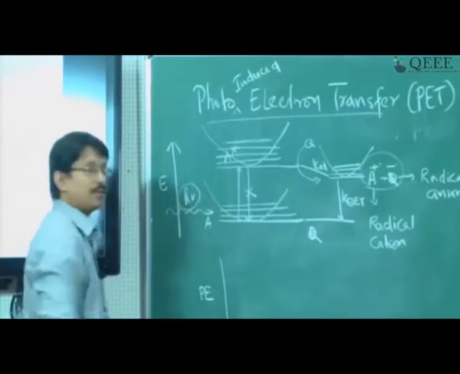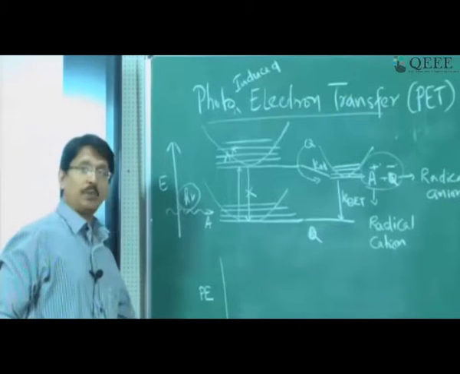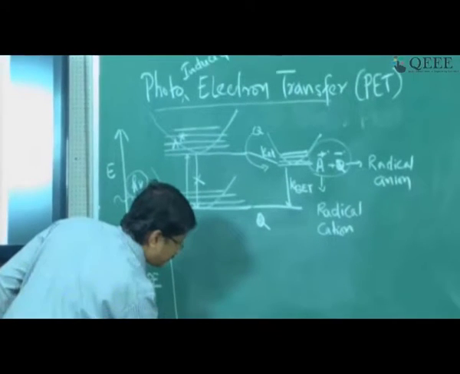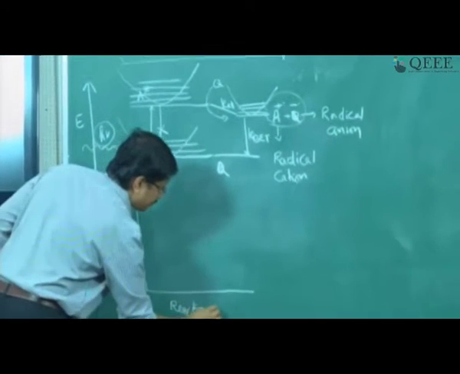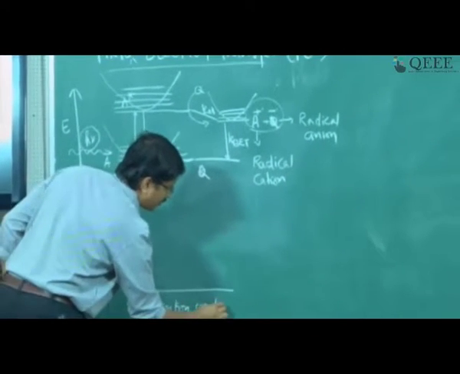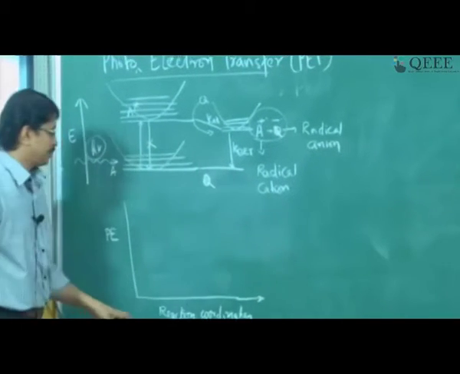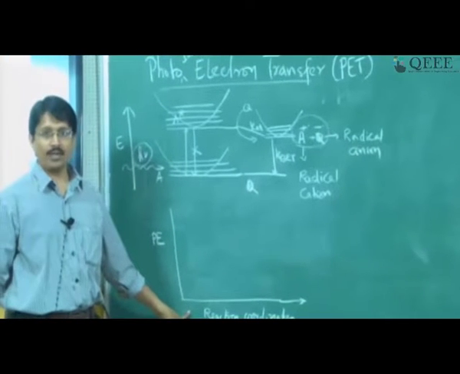So I can draw another diagram here. This axis is potential energy. This axis is called reaction coordinates. You are familiar with reaction coordinates.